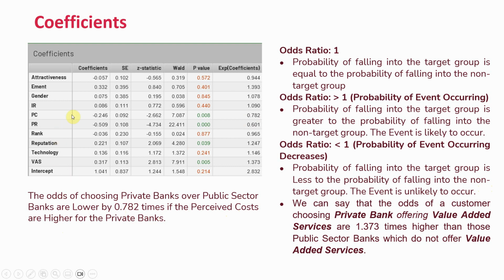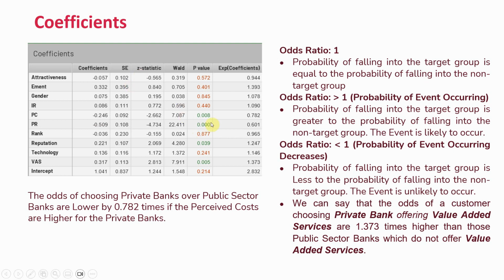Now, when you increase the perceived cost for the private banks, the odds of falling into that particular category of private sector banks decreases by how much? 0.782 times. So, look at this negative value. This negative value means that when the perceived costs are high, you do not fall into the target group. Rather, you fall into non-target group.